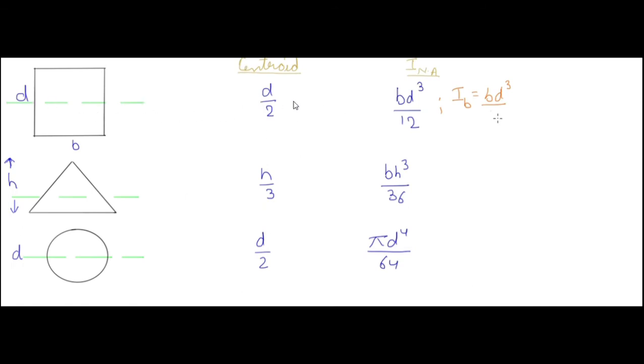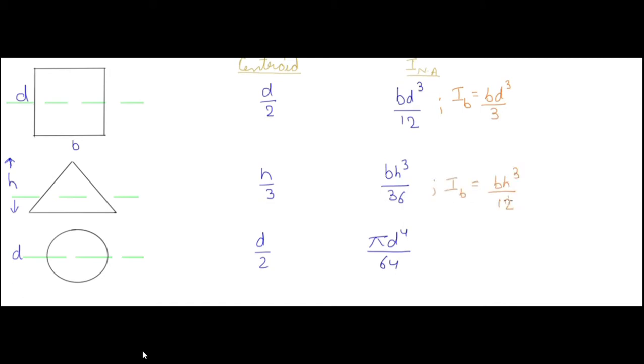The area moment of inertia about the centroid is BD cube by 12, that is, about this green line which is the neutral axis at a distance D by 2 from the base, from the middle. Also the area moment of inertia about the base would be BD cube by 3.